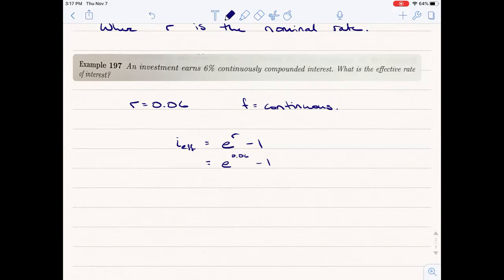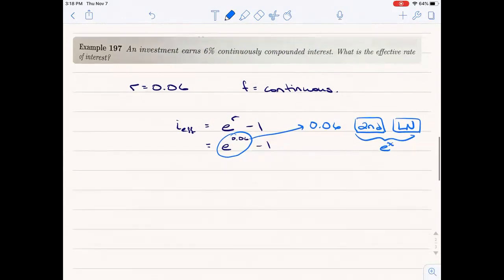On your calculator, I'll just remind you here, you have to have 0.06 on the screen, and then hit the second button and then the ln button, which is the e to the x function. And then hit equals. Just in case, 1.0618365547.